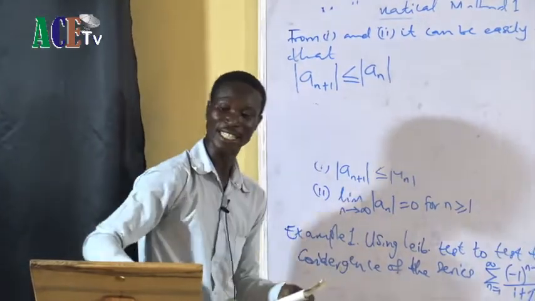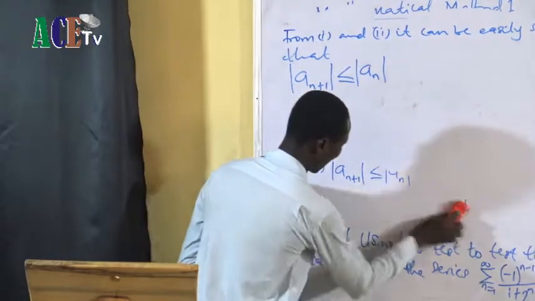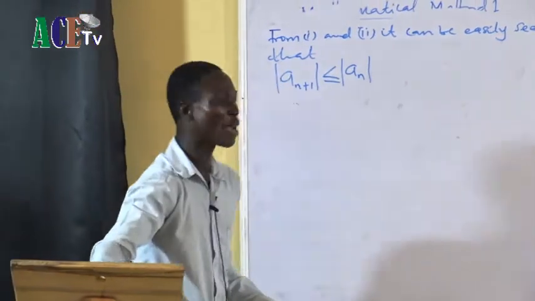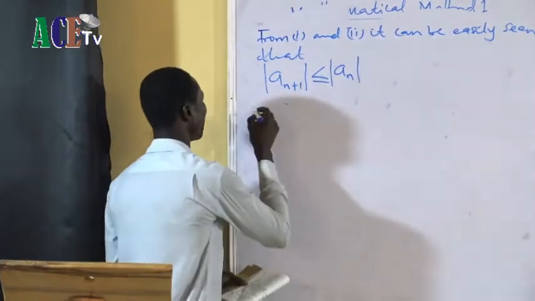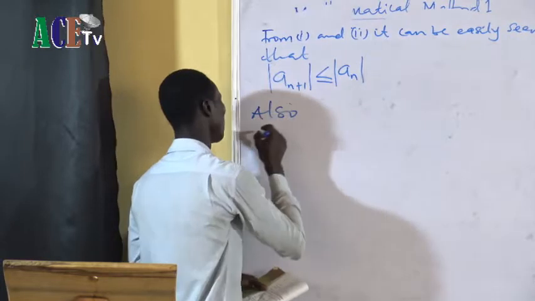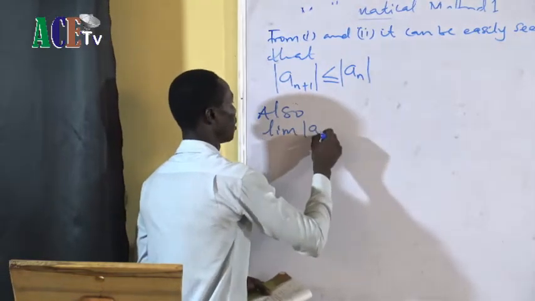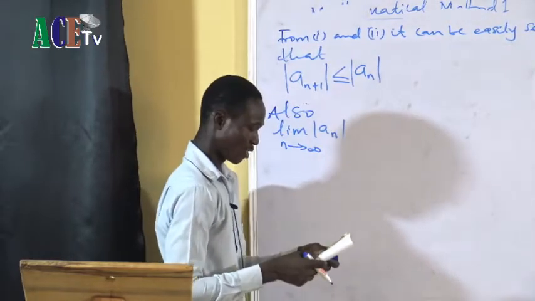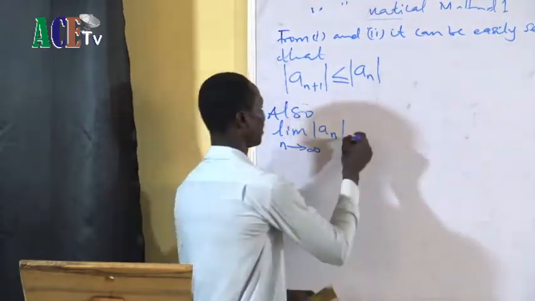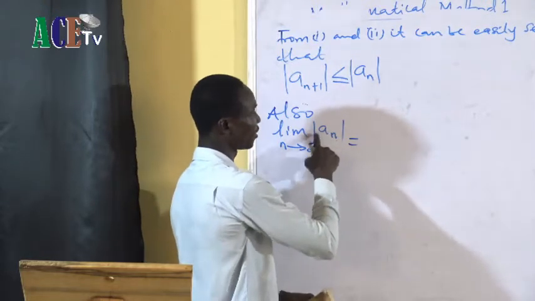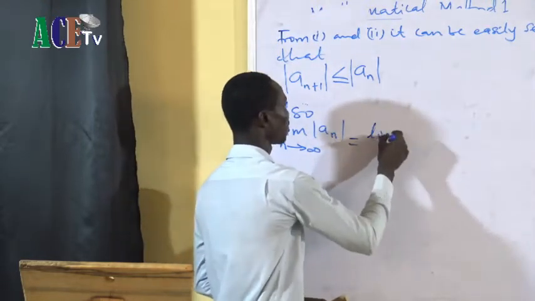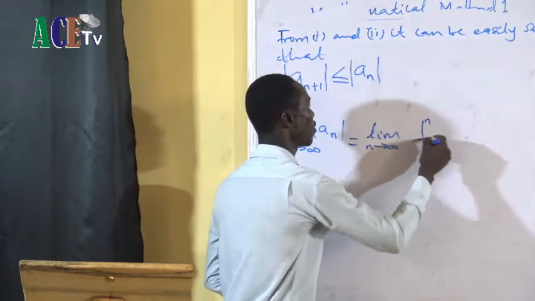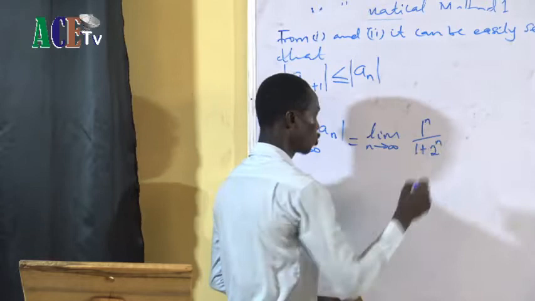Now, the next thing is that I want to take the limit as n tends to infinity of the absolute value of a_n. So the limit is equal to the limit as n tends to infinity of 1 raised to the power n over 1 plus 2 raised to the power n.